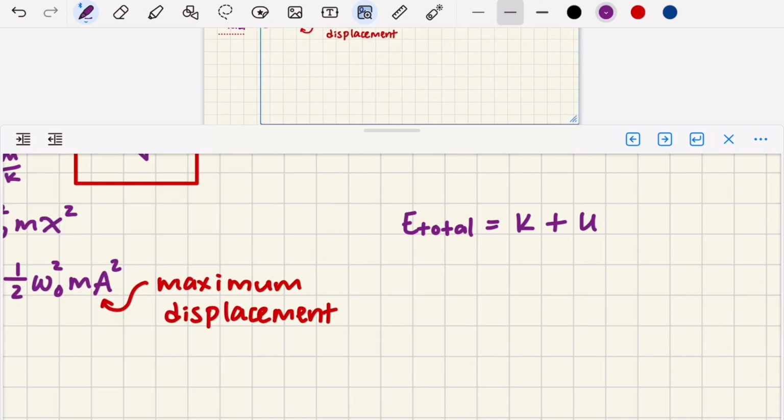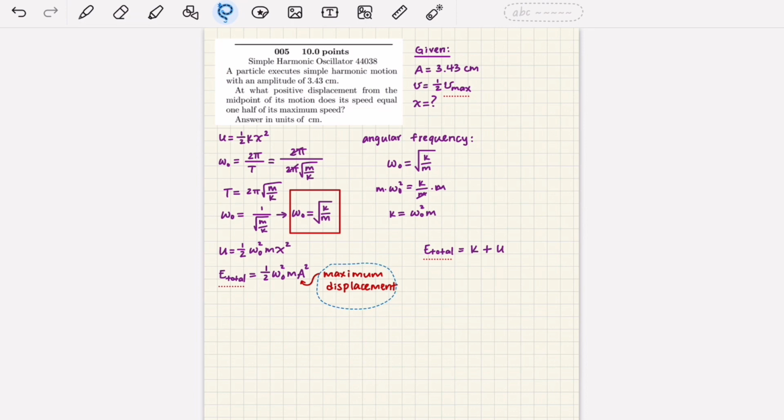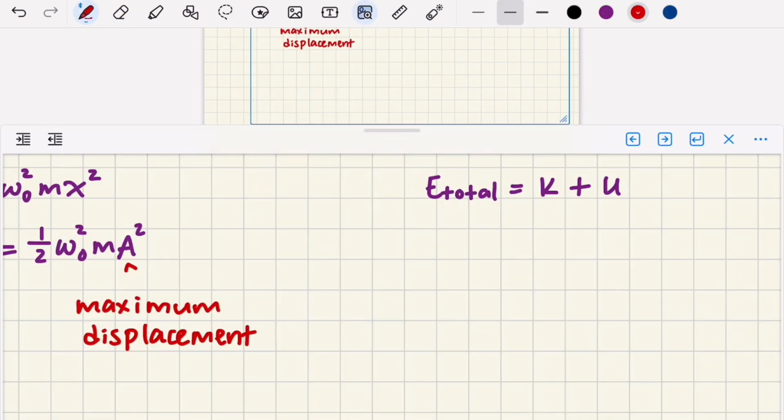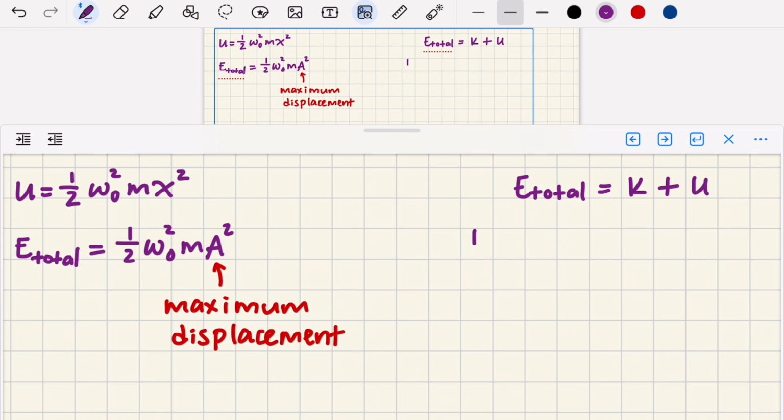But we have all these equations. Let me move this so we have room. So the total energy is 1/2 omega naught squared m A squared. That's equal to the kinetic energy, and that's simple.